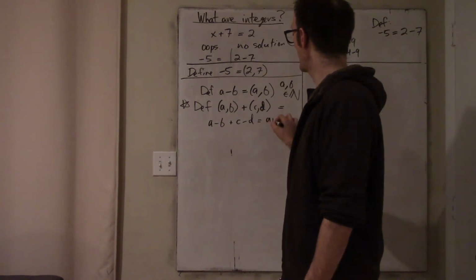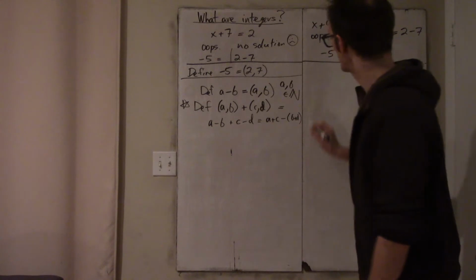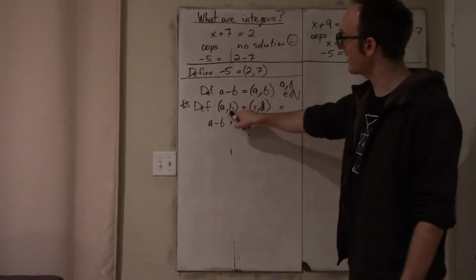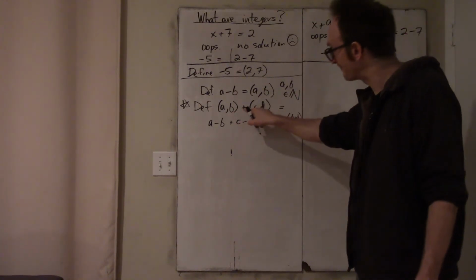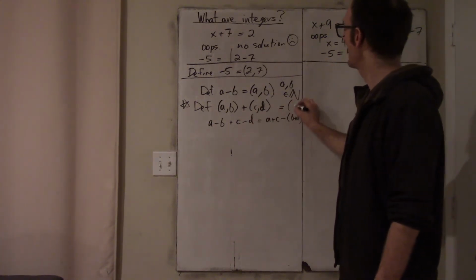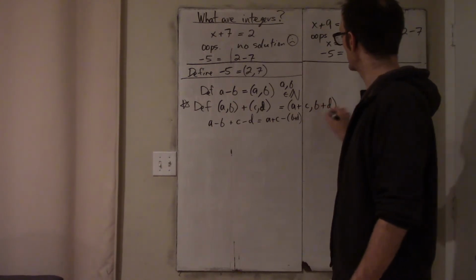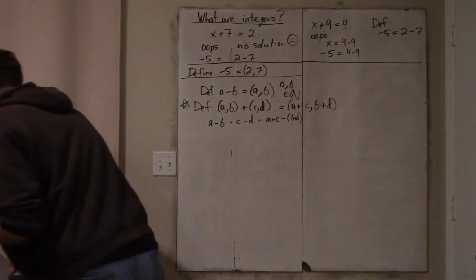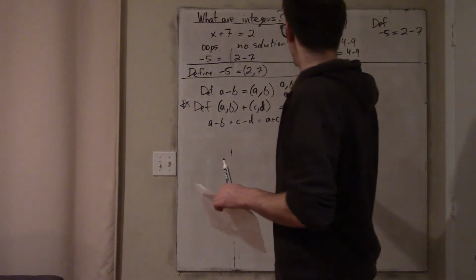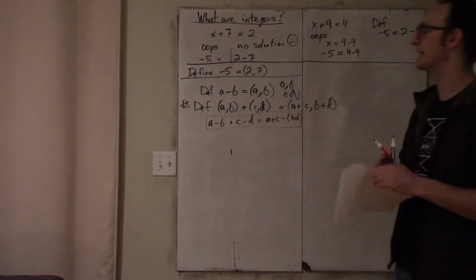Well, we get A plus C minus B plus D. That indicates that I should define A comma B plus C comma D to be A plus C comma B plus D. And like before, I'll put a red box around this because this was just scratch work, background thinking.